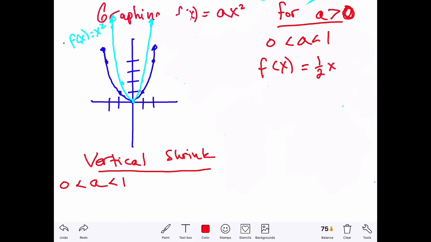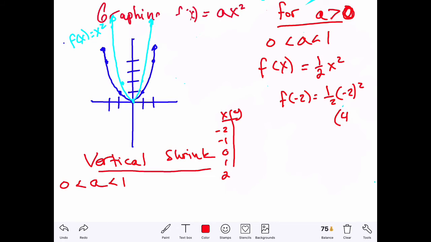f of x equals 1/2 x squared. Let's again make a table, and we're going to do our -2, -1, 0, 1, and 2. f of -2 is 1/2 times -2 squared. What's -2 squared? +4, multiplied by 1/2, 2. And f of -1 is 1/2 times -1 squared.